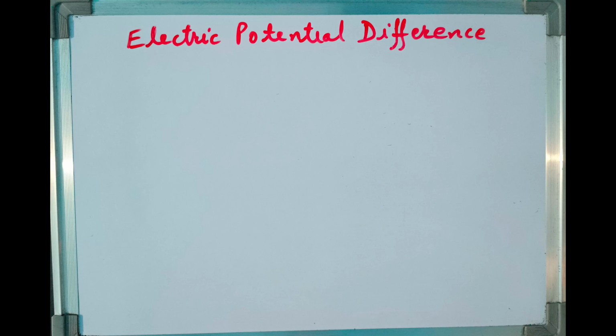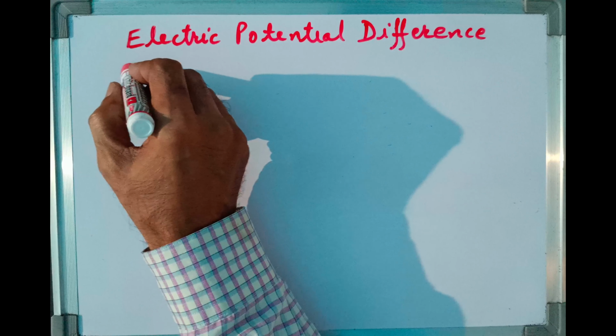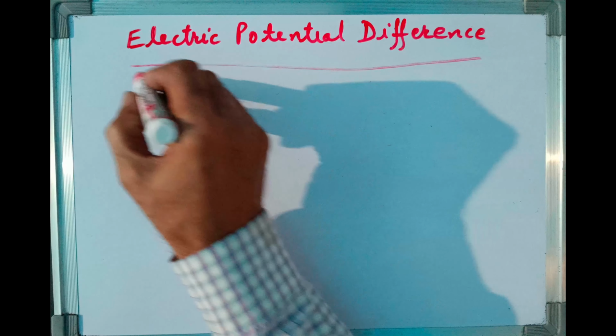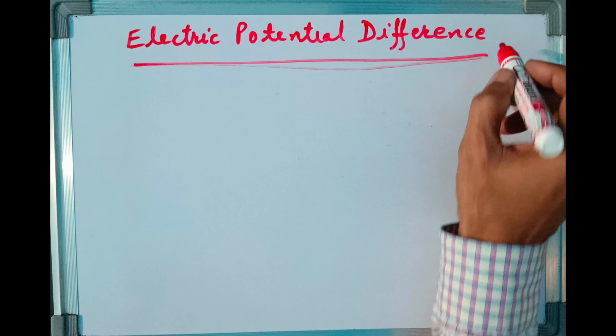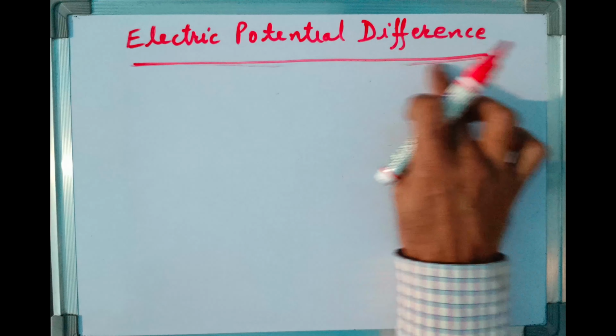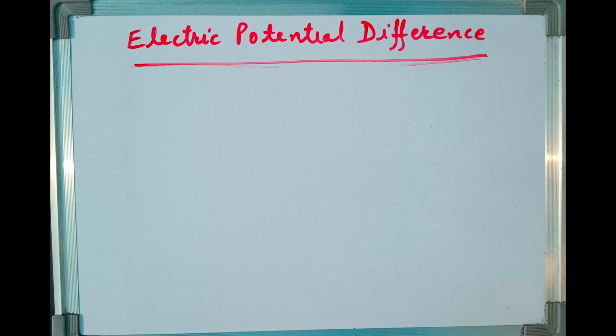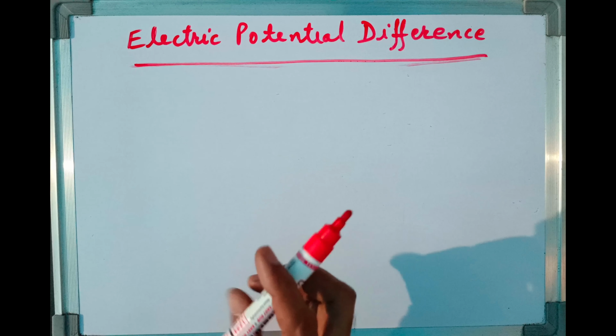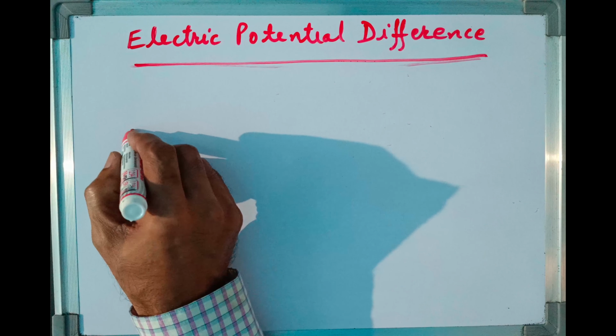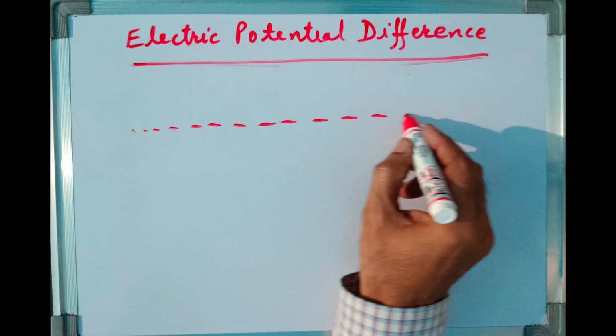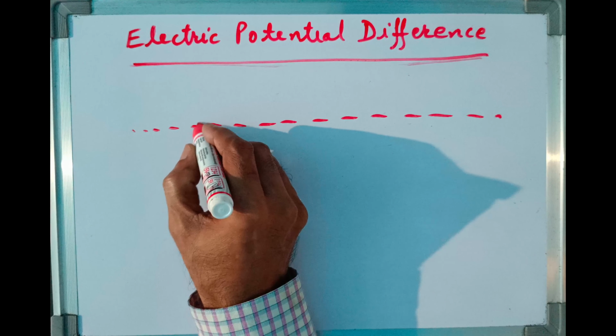In this video, I will share the method how to derive an expression for electric potential difference between 2 points lying in electric field of a source charge. For this purpose, let me consider a point source charge anywhere.